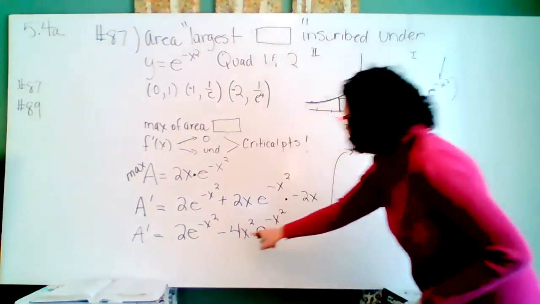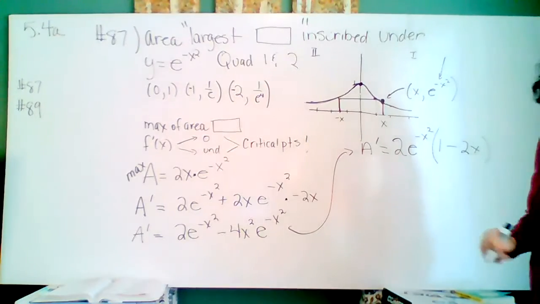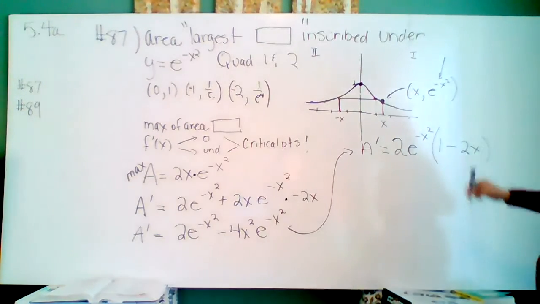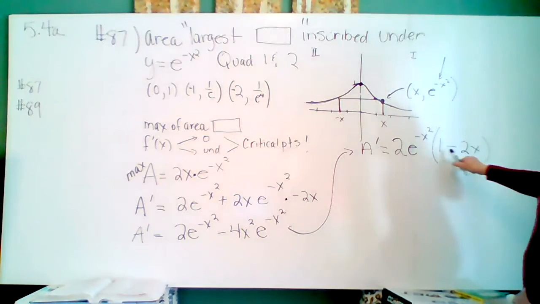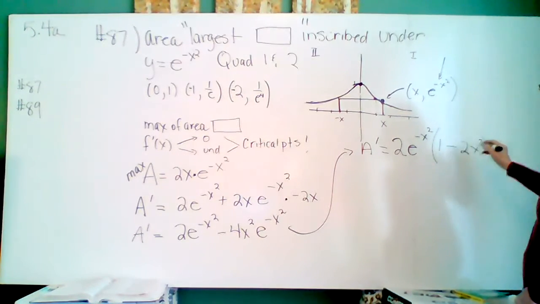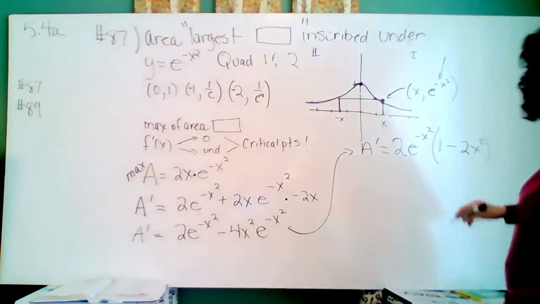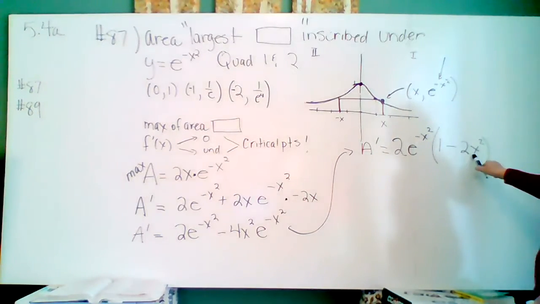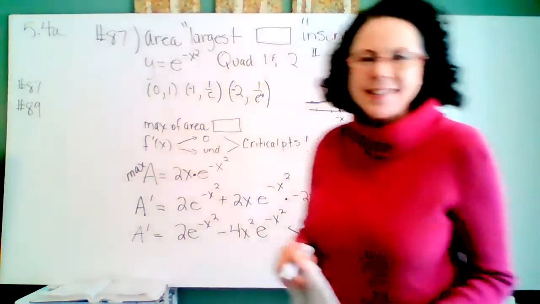And that leaves here a 2x squared. Quick check to make sure that we're right? So let's see, when I multiply here, yes, I get the first term back. When I multiply here, I get it, there we go. Glad I checked, right? So let's take a look here. That would be a negative 4x squared e to the negative x squared. Yep, got it right. I was missing an x there.